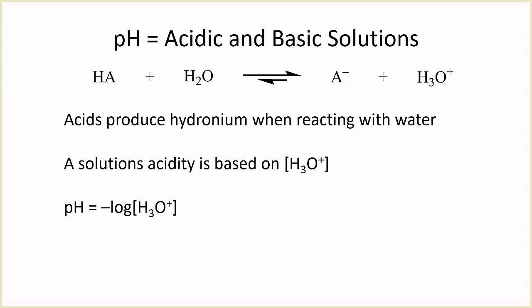When we talk about pH, we're talking about something related to the concentration of hydronium. If you remember from your Gen Chem, acids produce hydronium when reacting with water, and the solution acidity is based on the concentration of the hydronium. So this is hydronium, and this bracket means concentration of.